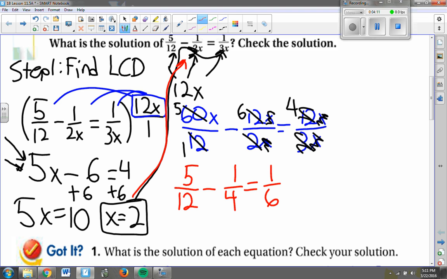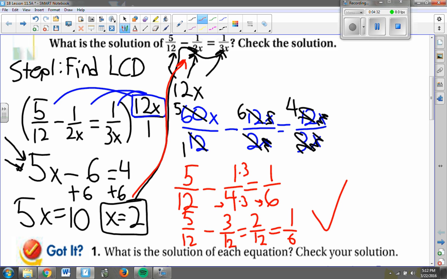I do 2 times 2 here, and I do 2 times 3 there. So 5 over 12 minus 1 over 4, if I get a common denominator, this is 3 twelfths, by timesing by 3 on top and bottom. So 5 twelfths minus 3 twelfths is equal to 2 twelfths, which if I simplify down is equal to 1/6. So yes, that works very well.